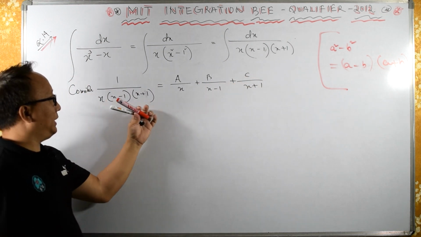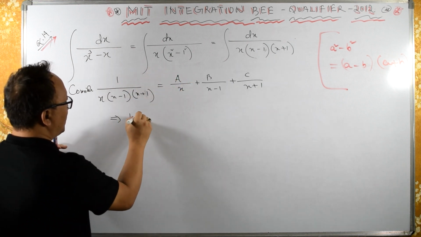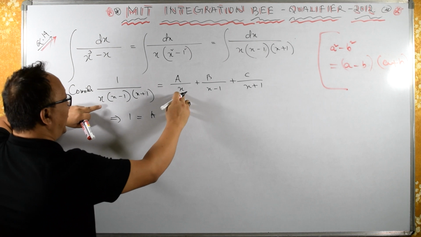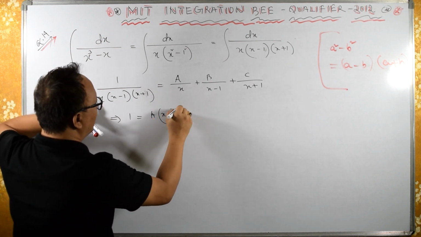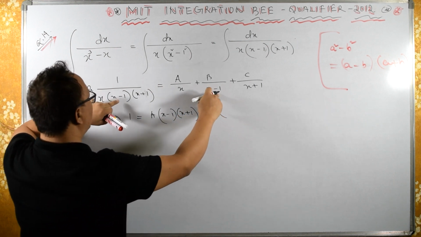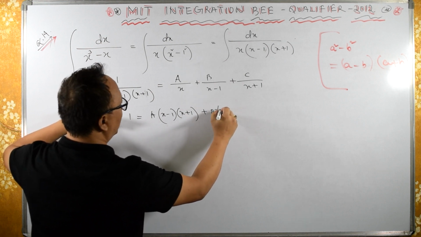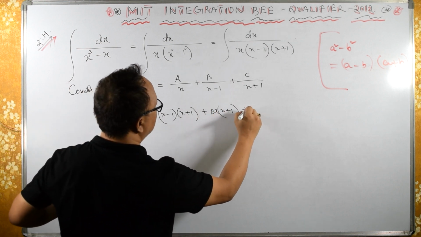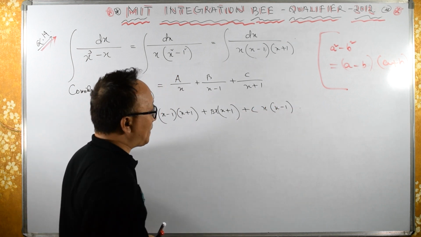So let's multiply this on both sides. Therefore 1 equals A into (x minus 1) into (x plus 1) plus B x into (x plus 1) plus C x into (x minus 1).